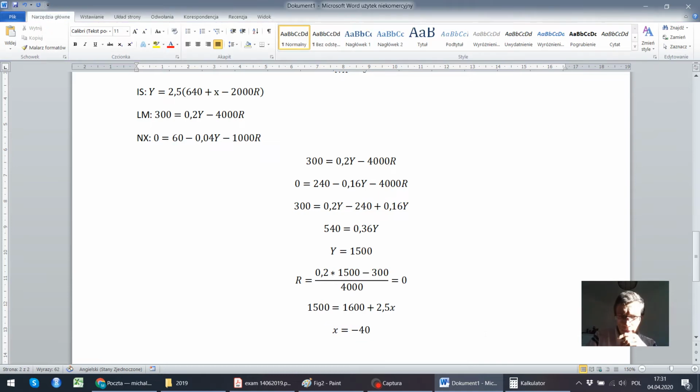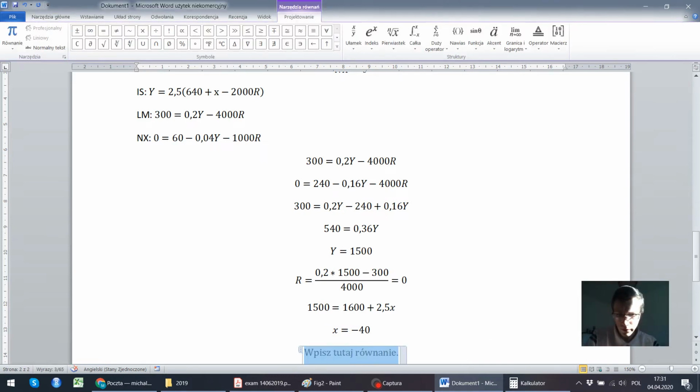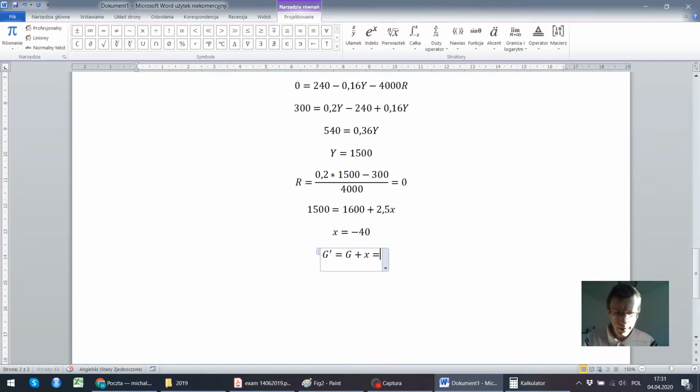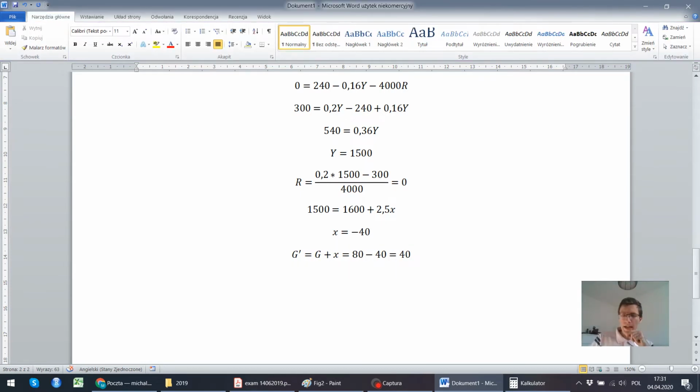Okay, so the new governmental expenditure, G prime, would be equal to G plus x. What was G? 80. So 40. Yeah. And this is exactly in line with our intuition.